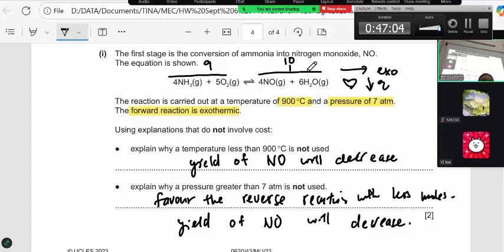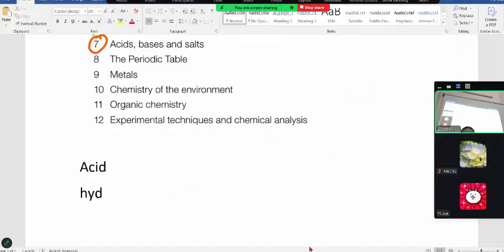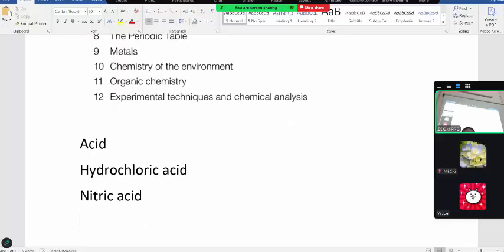Can you understand? Okay. So the three acids that I need you to remember: hydrochloric acid, nitric acid, and sulfuric acid.